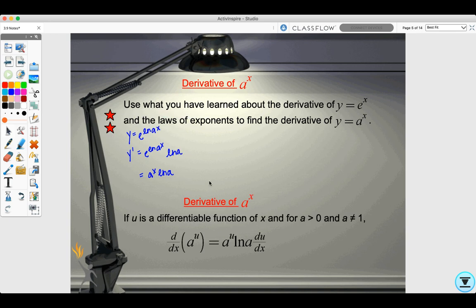So the derivative of a to the x, or in terms of u, if u is a differentiable function of x, and for a greater than 0 and a does not equal 1, the derivative of a to the u is a to the u, the natural log of a, times the derivative of u with respect to x.